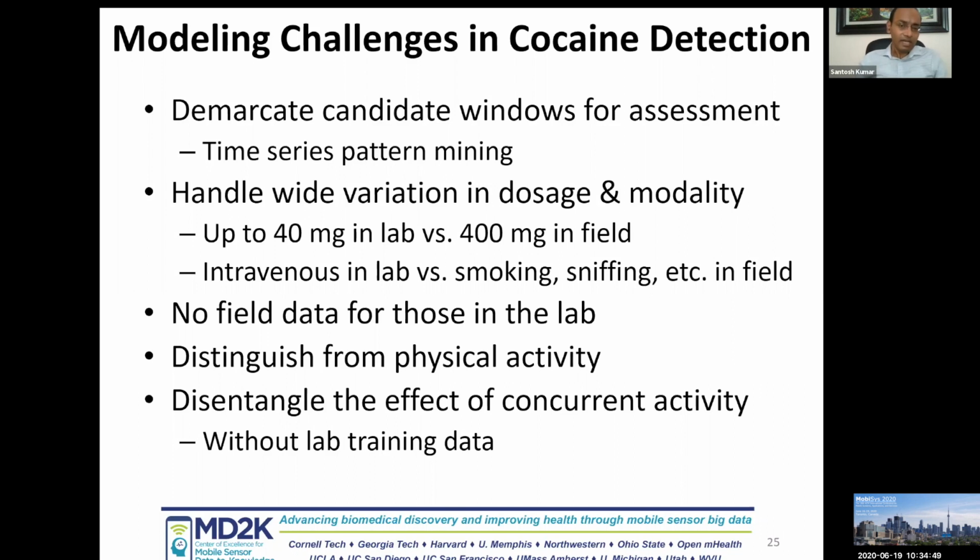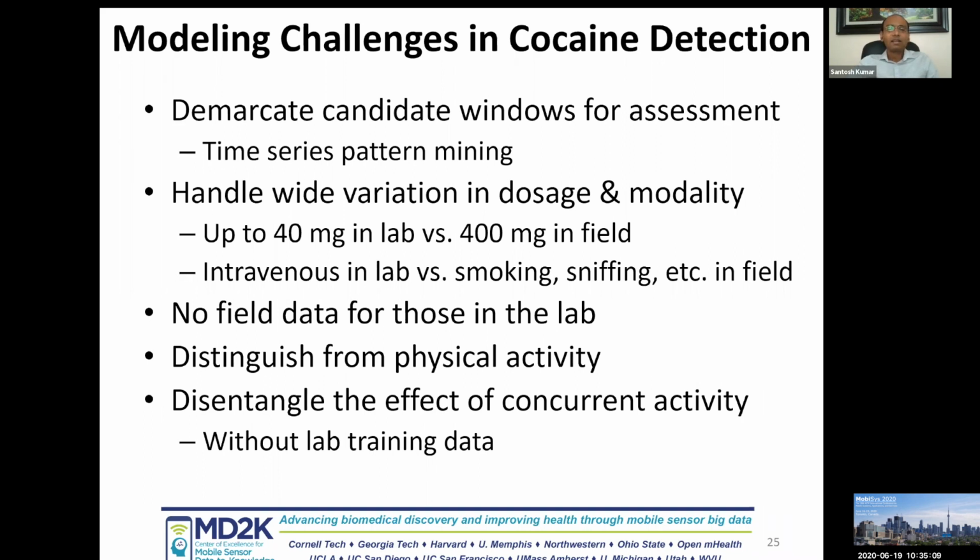The final challenge was that physical activity also excites physiology quite a bit, almost at a similar scale as that from cocaine. And to compound this problem, when people take cocaine, they don't sit idle. Some of them even begin furious walking.